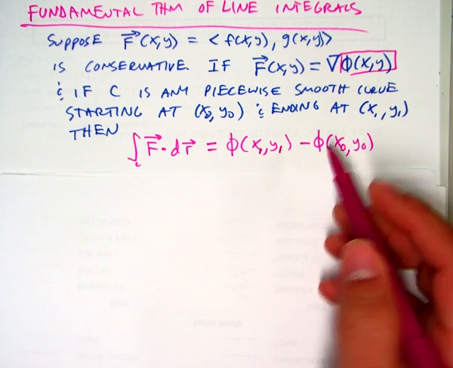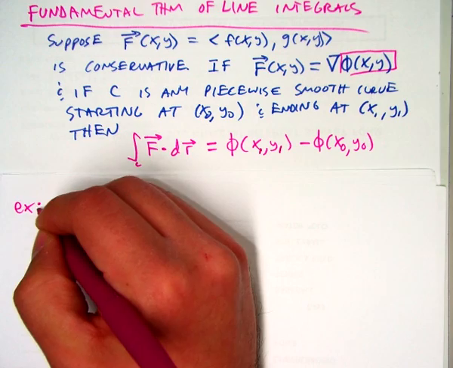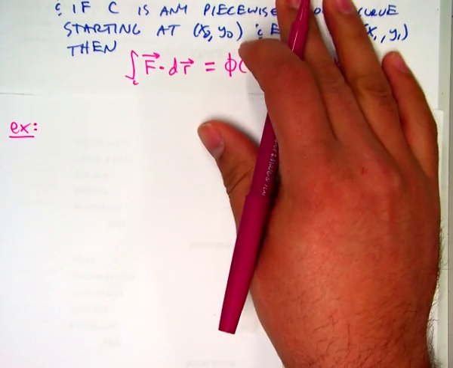Okay, so for an example, let's just start off easy where maybe we know a lot of information.